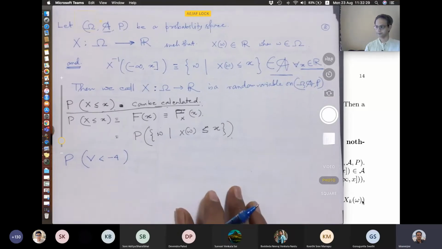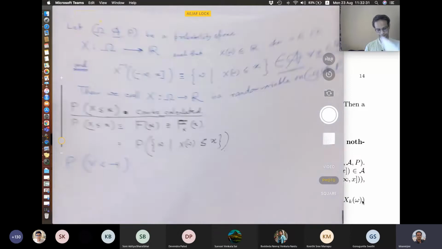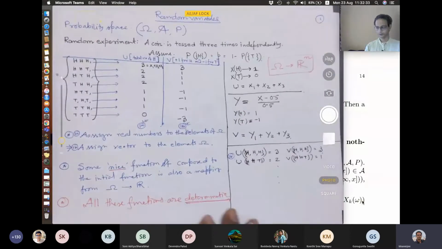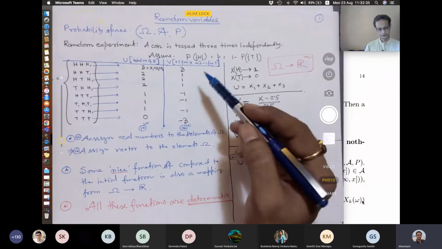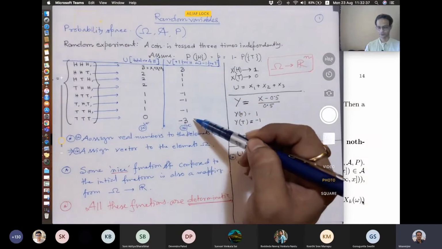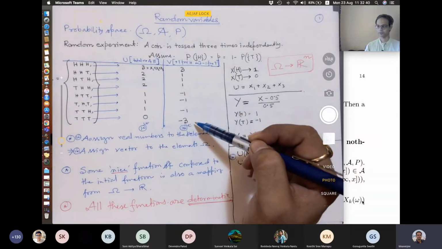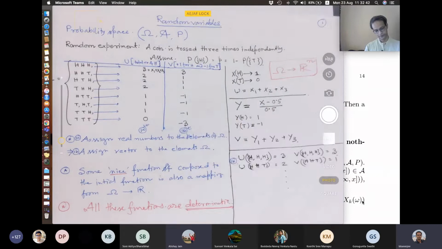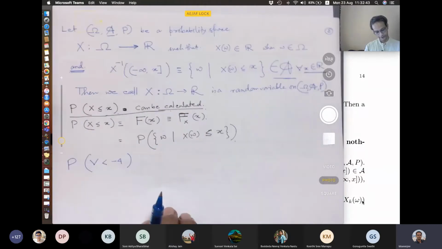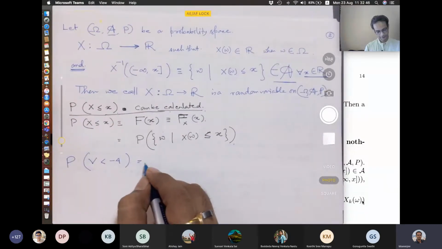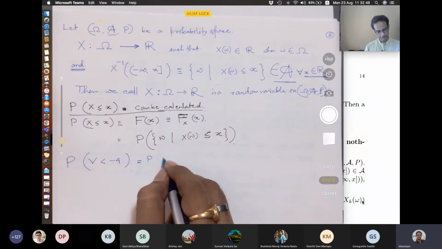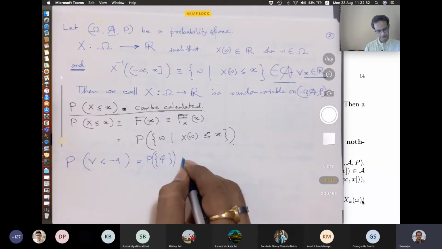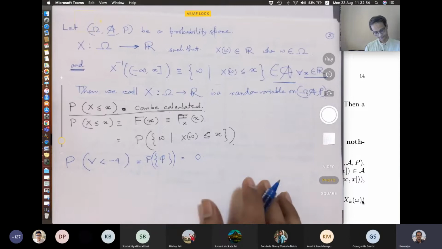Can you please tell me? From here, V less than minus 4. 0, sir. 0. So eventually it is the probability of the null set, and hence it is 0.